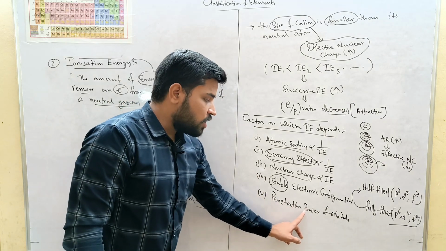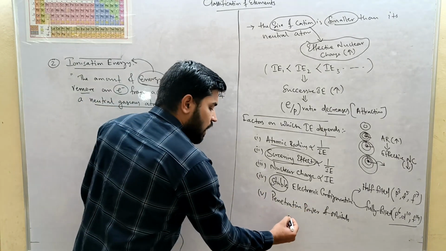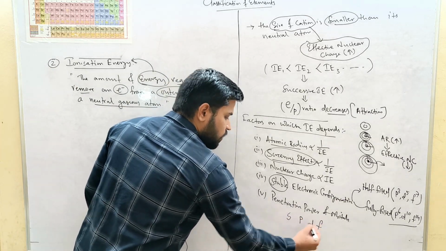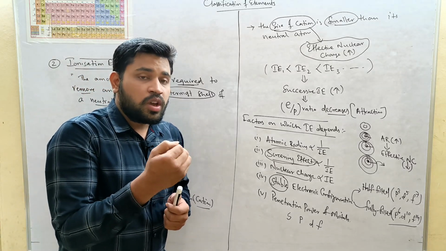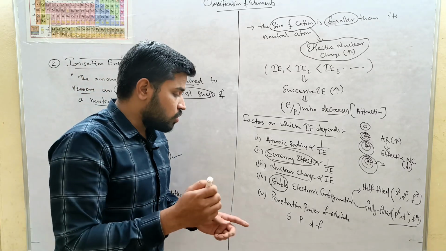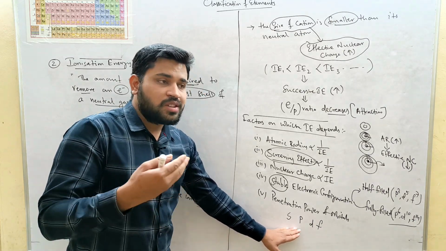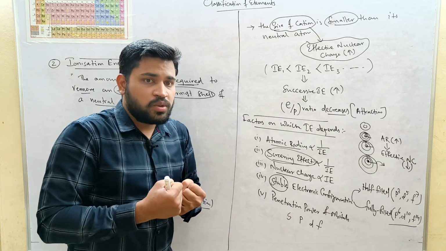Similarly, we can see the penetration power of orbitals. What do we mean by penetration power of orbitals? Electrons enter into s, p, d, f orbitals, so from where we remove the electron, we have to apply more energy. As I told you, s and p subshells are nearer to the nucleus and experience more nuclear force of attraction.